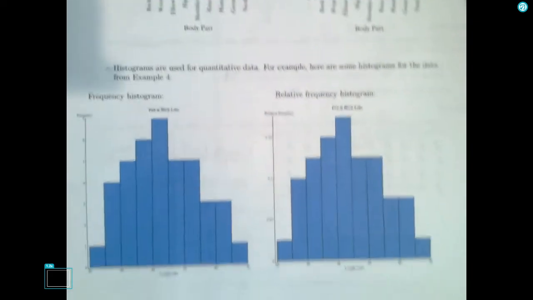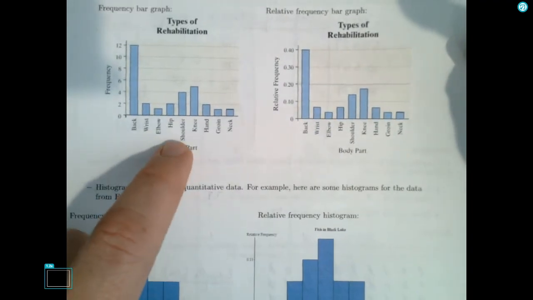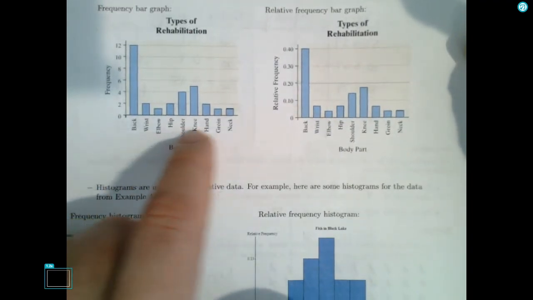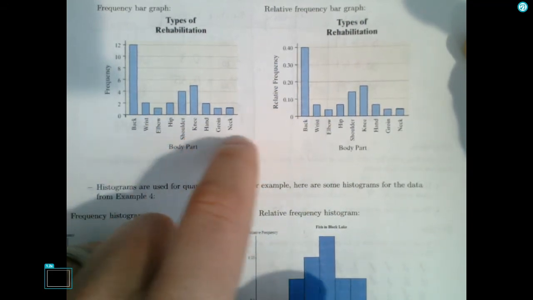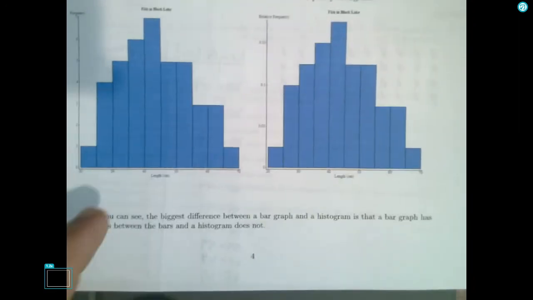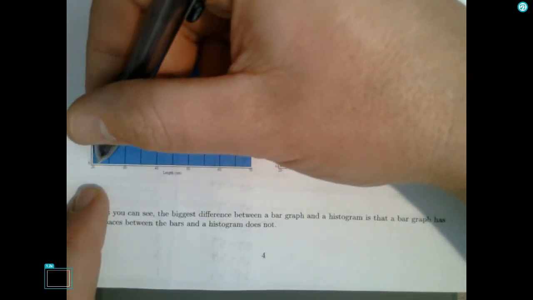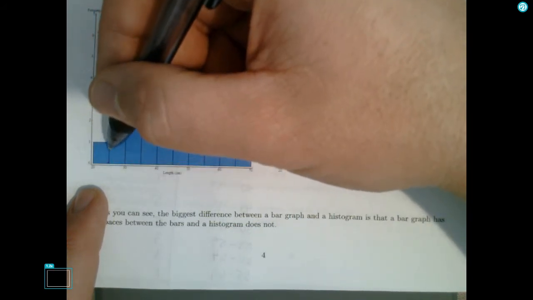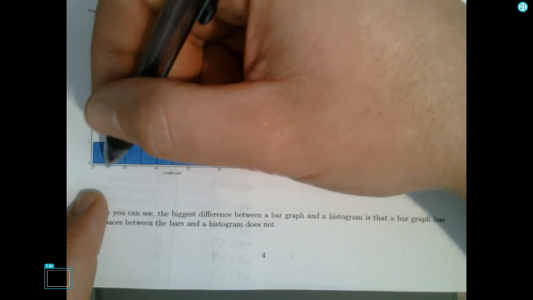Now there are mathematical reasons for this. Where the data is qualitative, these are just categories, so you're not really thinking of this as an x-axis. Whereas here, these numbers are quantitative, and so you can think of this as an x-axis. The reason the bar goes all the way over from 20 to 25 is because this bar represents all of the fish between 20 and 25 centimeters, not including 25, but all the way up to 25.